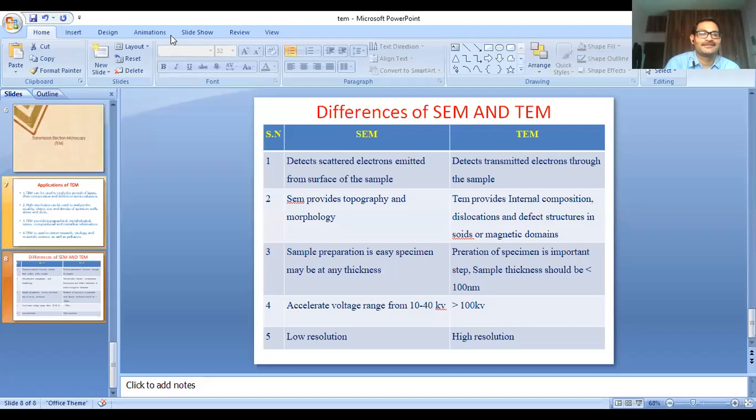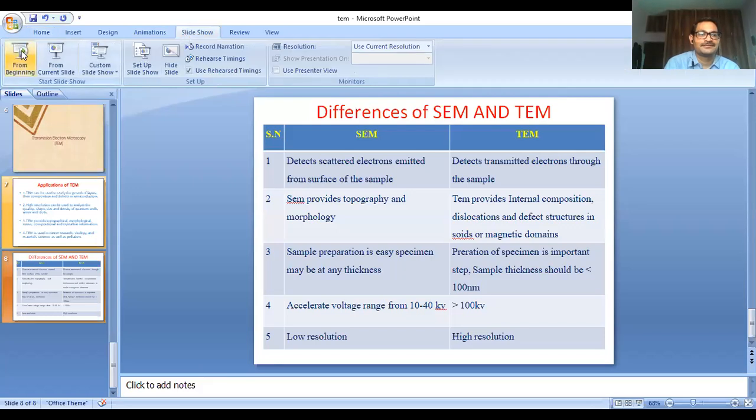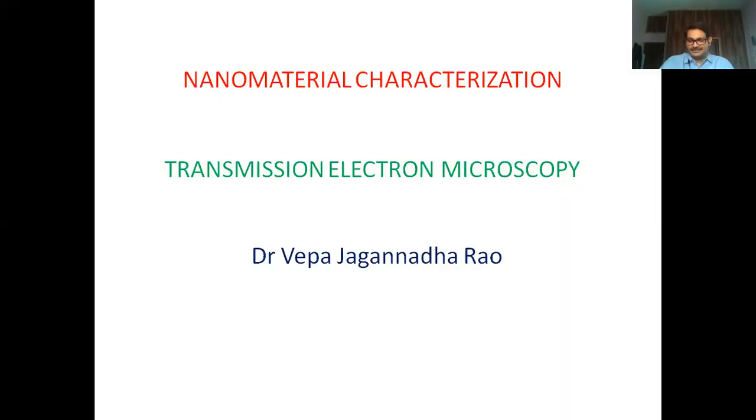Nanomaterial characterization by transmission electron microscopy.